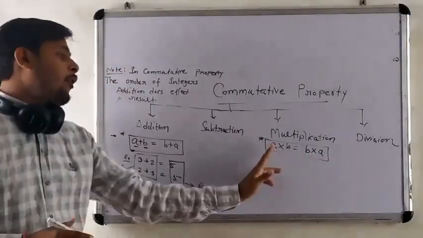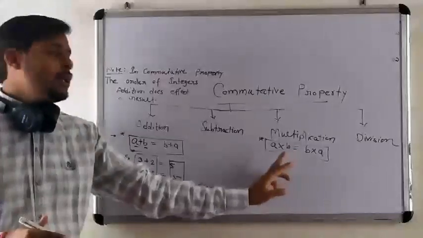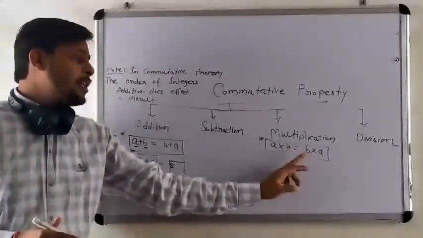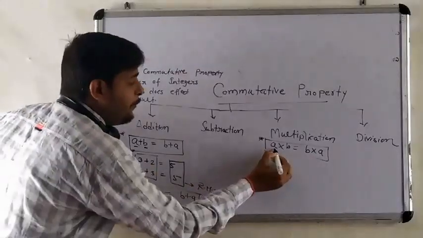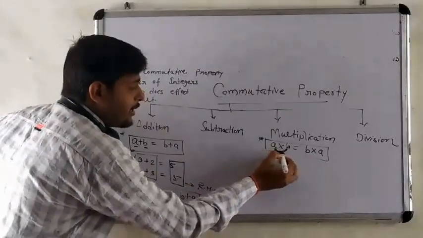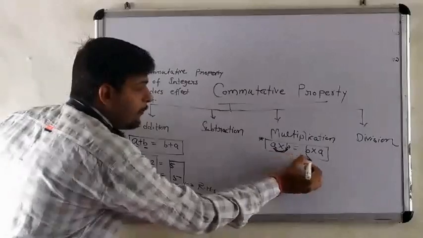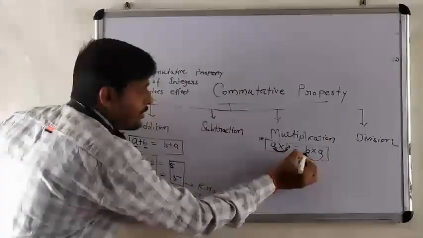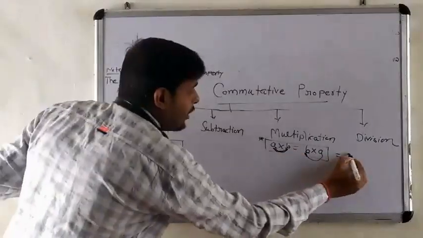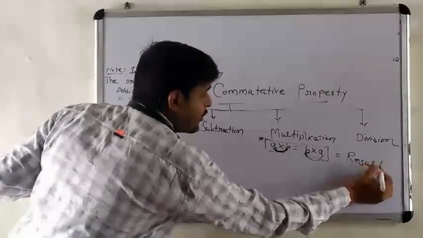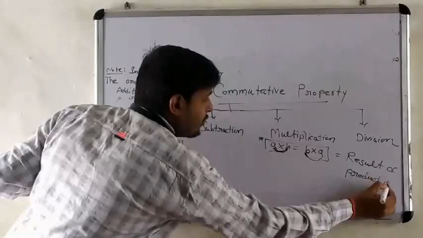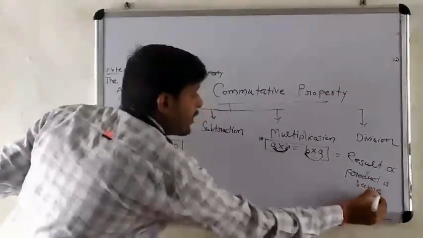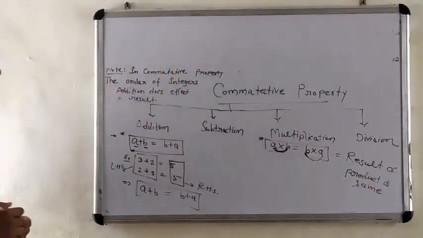The product of a into b is equal to b into a, means if we change the integers order, the result of product is same.